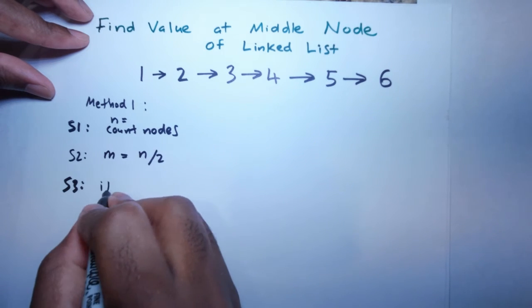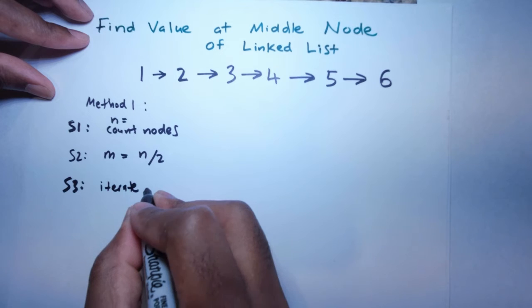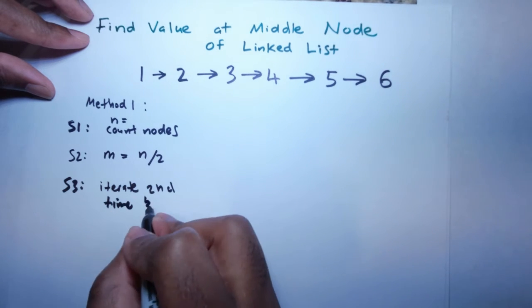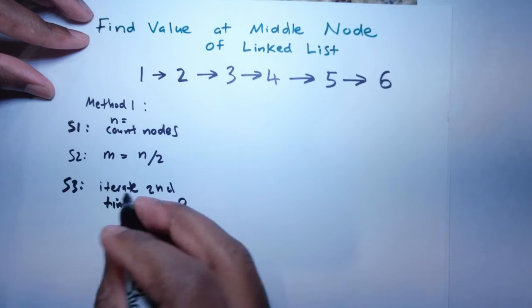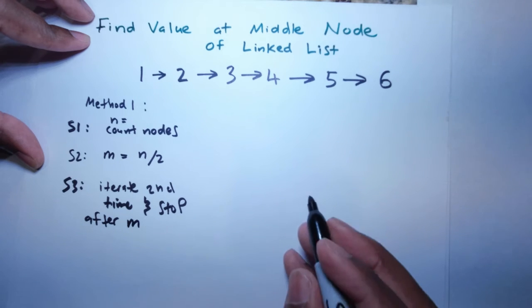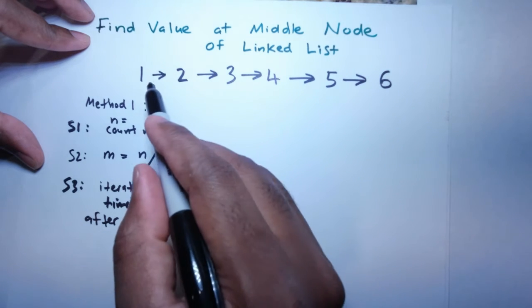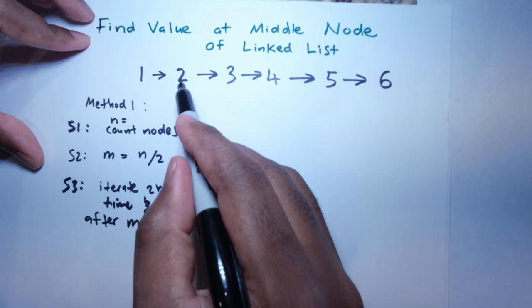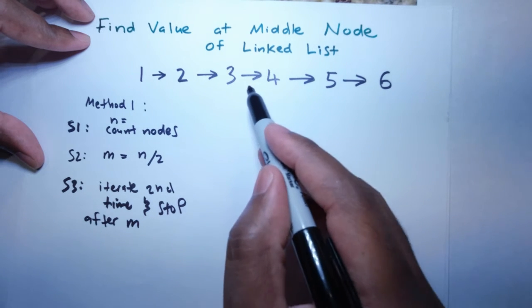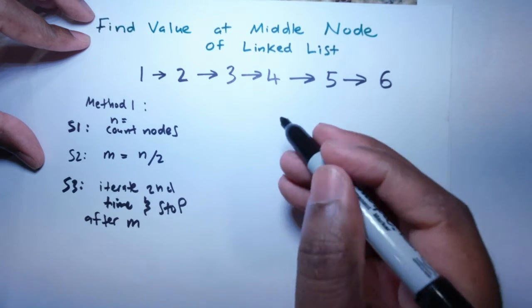So put iterate second time and stop after m. So in this case, we would go 1, 2, 3, and stop after 3, which is 4.